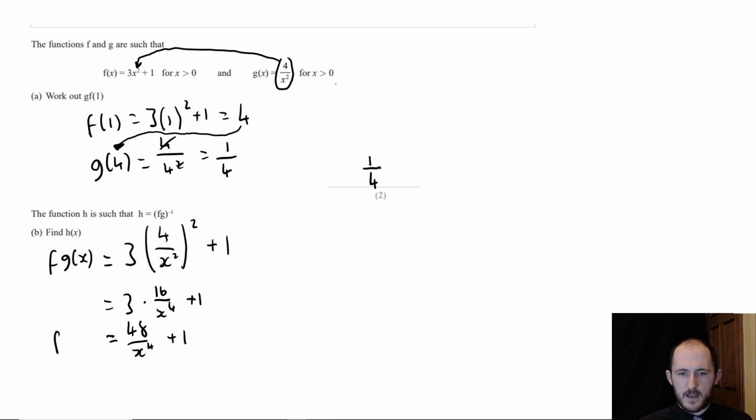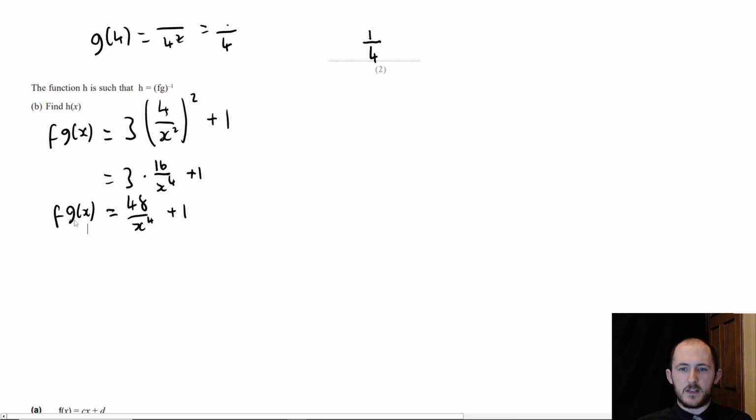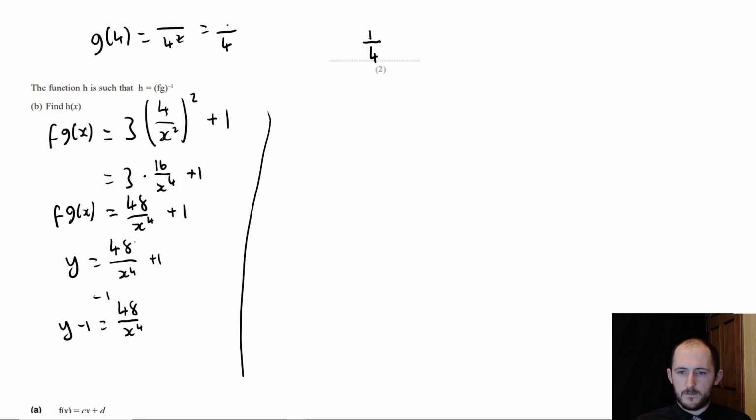Okay, so that's what fg of x is. Perfect, wonderful. So now what we need to do is work out the inverse function. I'm going to write y equals 48 over x to the 4 plus 1. So I'm going to subtract 1 from both sides. So we get y minus 1 equals 48 over x to the 4. Oh god, I don't know why it's sideways, sorry.